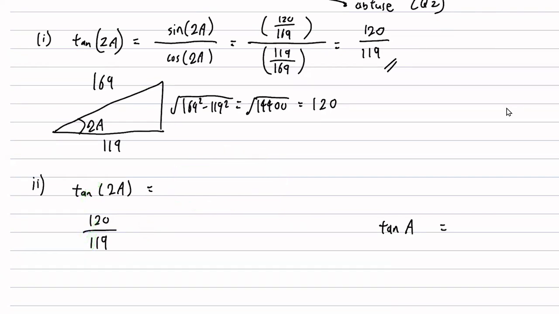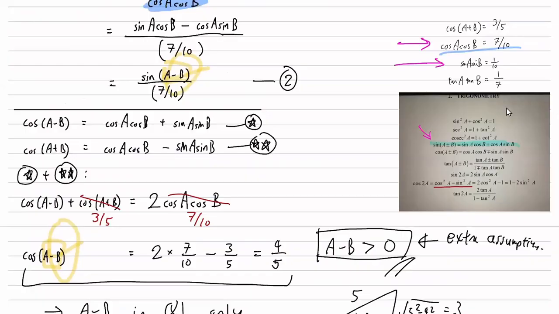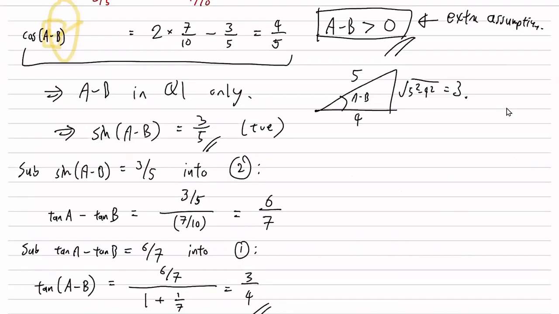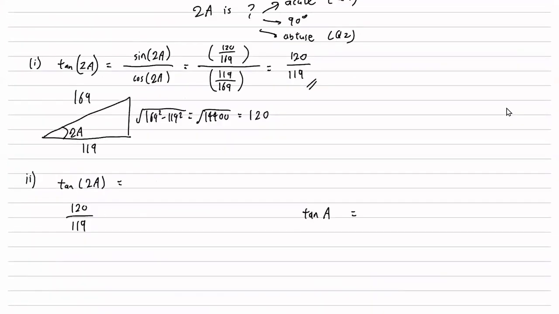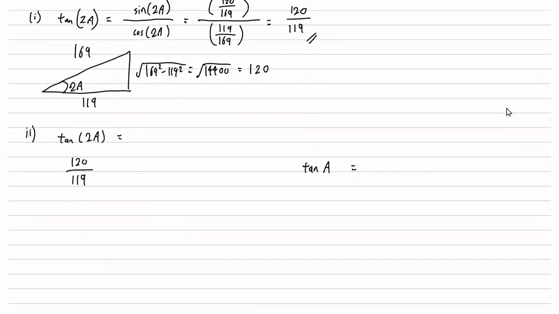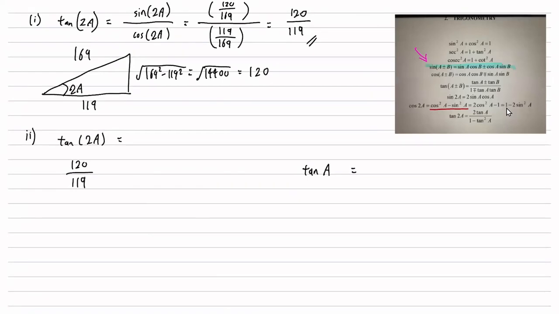Oh, I need to show the formula. Wait, let me just copy the formula down. Yeah, here. Okay. What's tangent 2A? Two tangent A over 1 minus tangent squared A. Exactly.